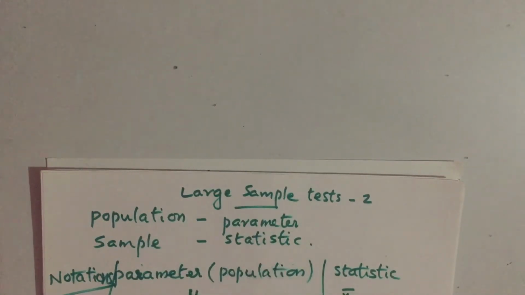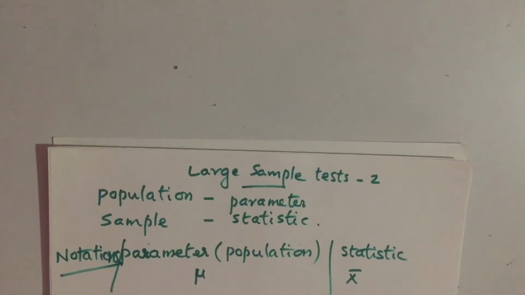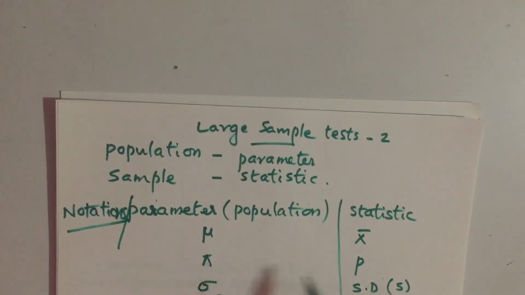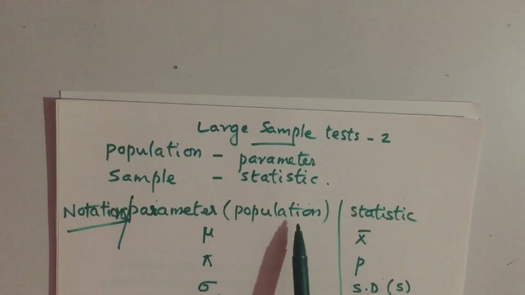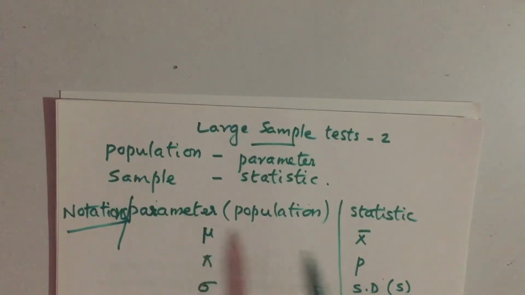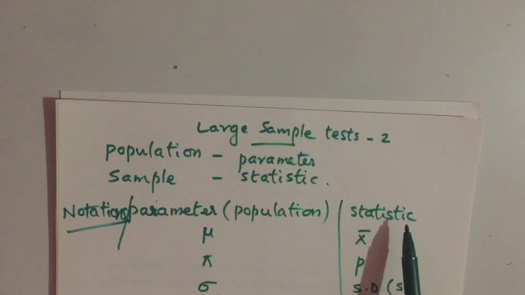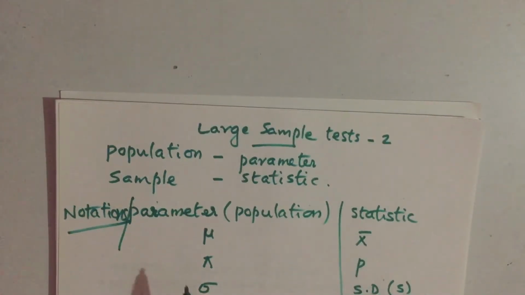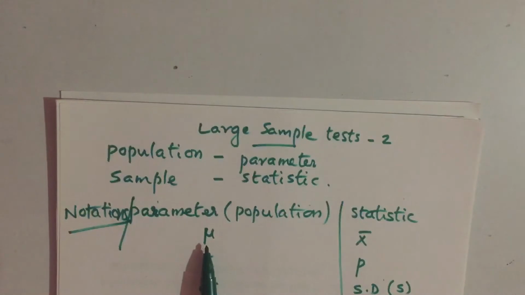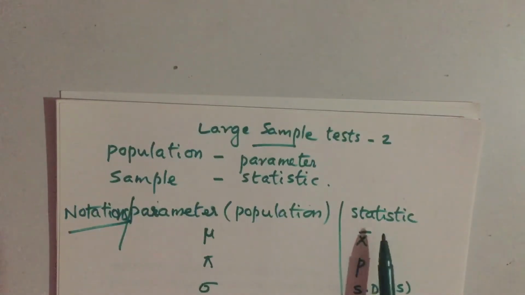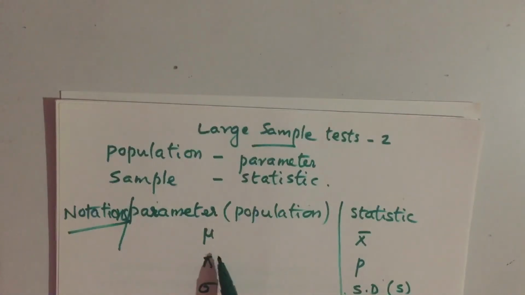What you get from a sample we call a statistic. Some of the statistics or parameters are denoted by certain symbols. For a population we find a parameter, and for a sample we find a statistic. The mean of a population is represented by mu, and the mean of a sample is represented by x bar.